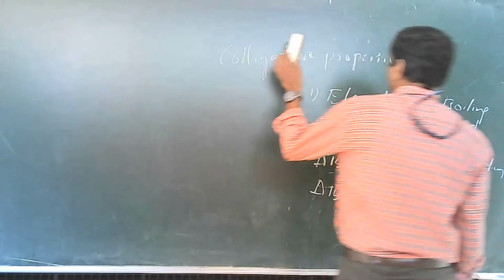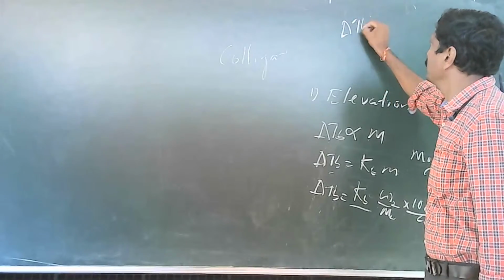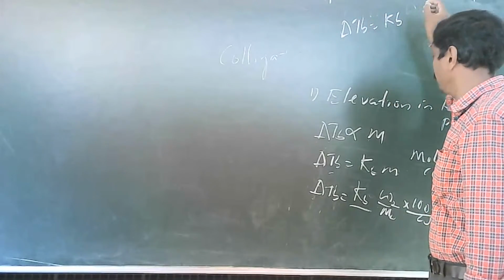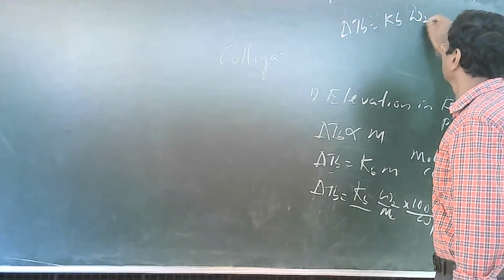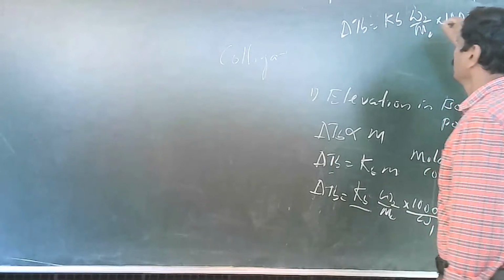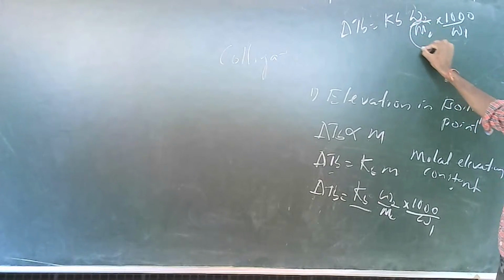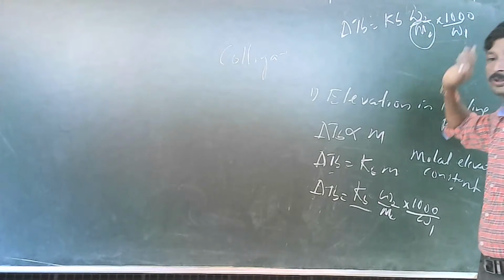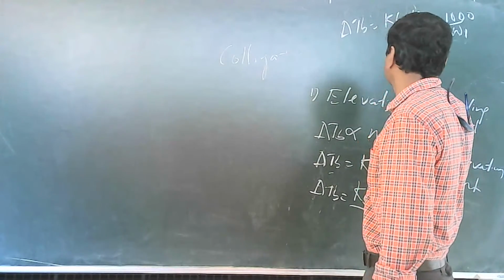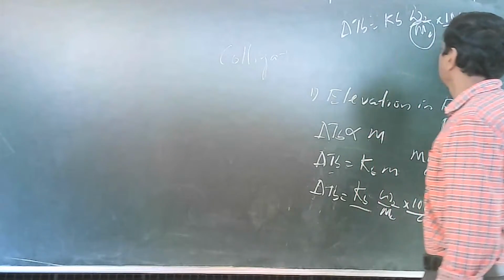See, this is the second colligative property method. Delta Tb is equal to Kb into W2 by M2 into 1000 divided by W1. You can determine the molar mass of the solute, M2. Here, what are the things you have to know?